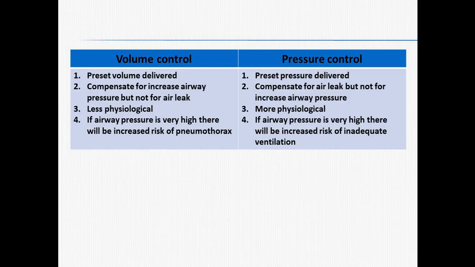If airway pressure is very high, there will be an increased risk of pneumothorax. In pressure-controlled ventilation, a preset pressure is delivered to compensate for air leak but not for an increase in airway pressure. It is more physiological. If airway pressure is very high, there will be an increased risk of inadequate ventilation.